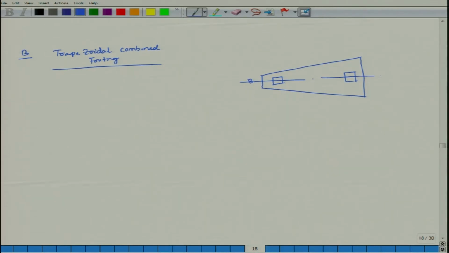This dimension is B1, this dimension is B2, and this is column 1 and column 2, this is your resultant load, and from here to here this is distance x and the total length is L.